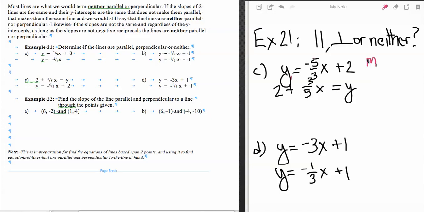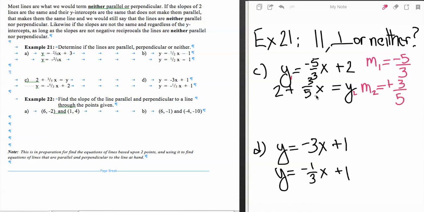So M1 here, as looking at it, is -5/3, and so I can look at M2 here and say its opposite, which would be positive, and then its reciprocal, which is equal to 3/5.